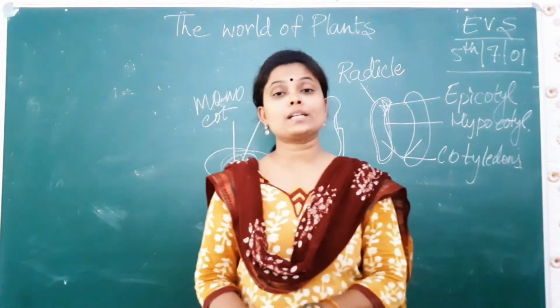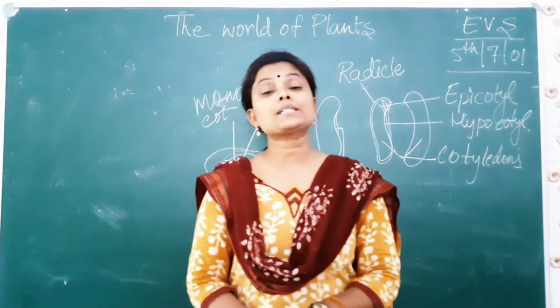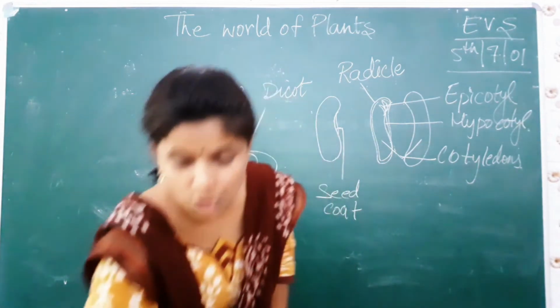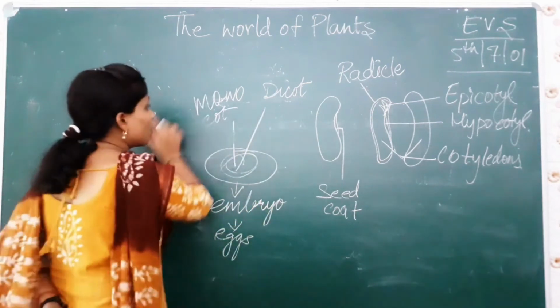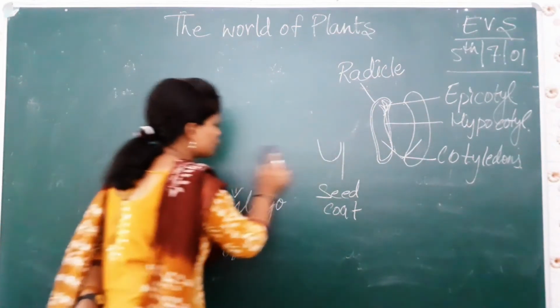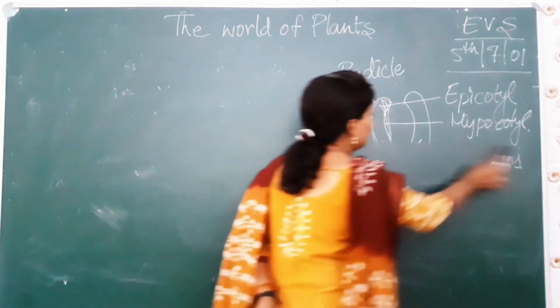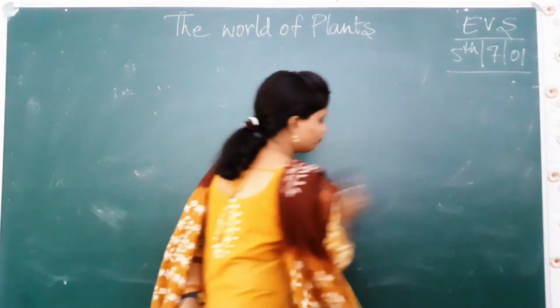So it is important to take care of or to preserve. Next is germination. Now what do you mean by germination? Germination is the process of a seed that changes into a seedling. We are going to discuss now the germination.